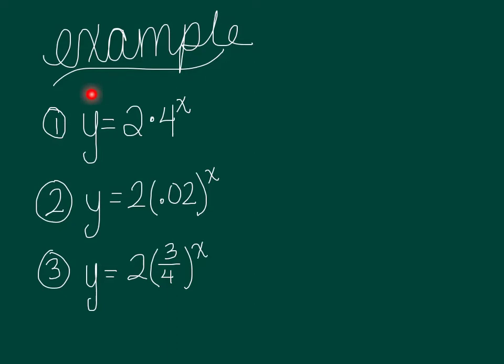In number 1, you'll notice that the 2 is my A and the 4 is my B. In all of these examples, we have a plus 0. There's no K, so we'll just ignore it. So since B, which is 4, is greater than 1, I know that number 1 is going to be growth.